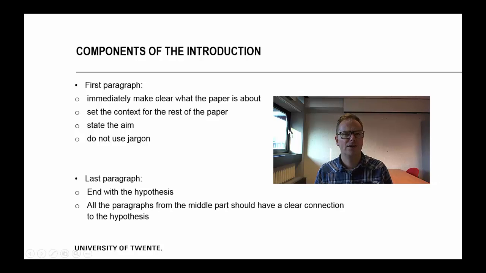And this is also typically actually the last sentence or piece of sentences of your introduction, where you explicitly state your hypothesis. And when you've done this, then you could also see that the middle part of your introduction should somehow connect the first paragraph that I've just explained with the general aim without much jargon to the hypothesis.